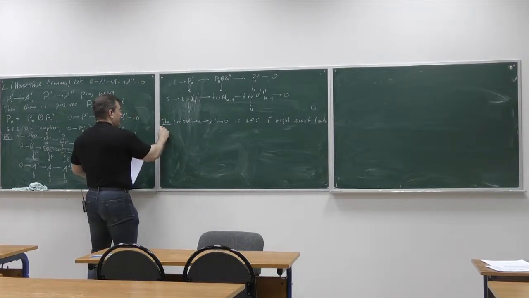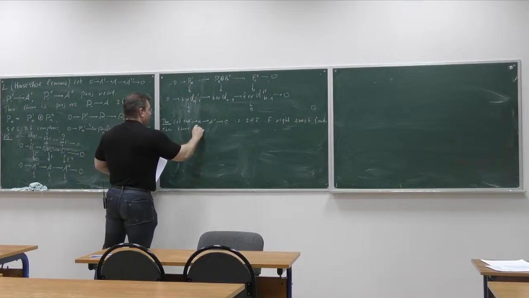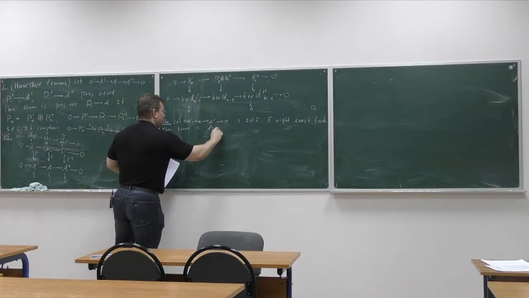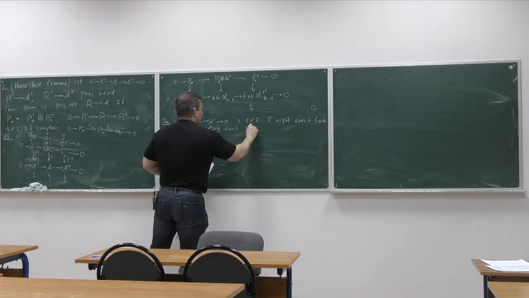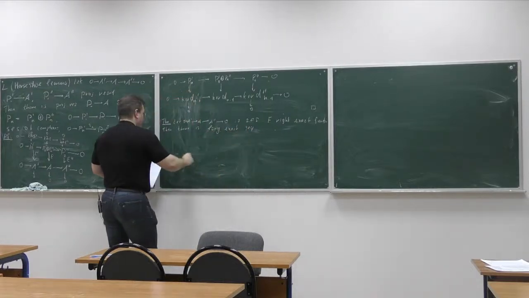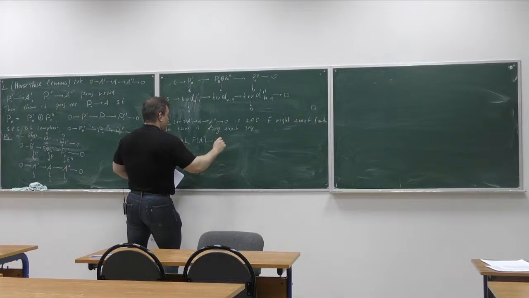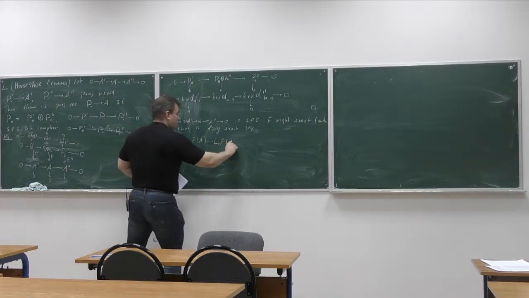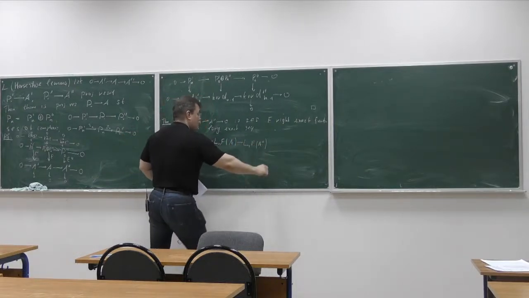So then, there is a long exact sequence of the derived functors. So I have L_n F applied to the A prime, the left derived functor with the index n, then to the A, and then to the A double prime.